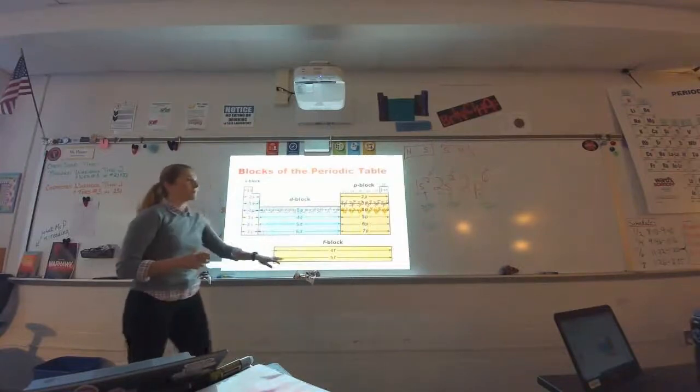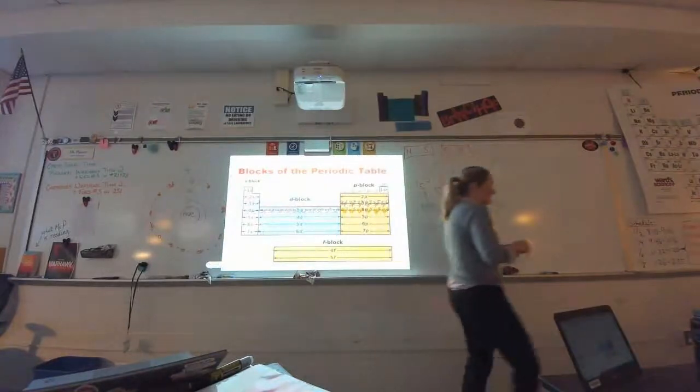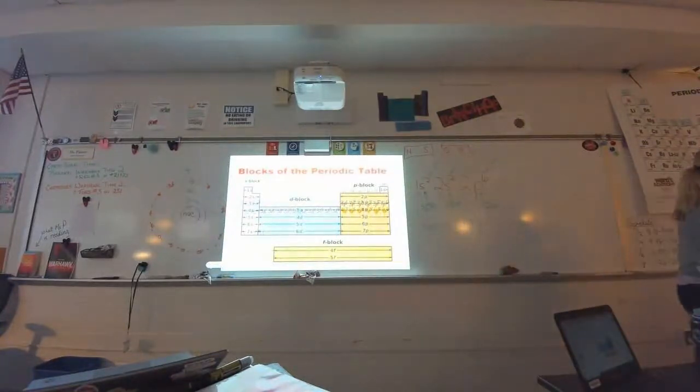Now the reason we drop them down, if you're wondering why we have 2 periodic tables, this is actually how the periodic table should look. They do this so that it fits on the screen or on a piece of paper, because this does not print.